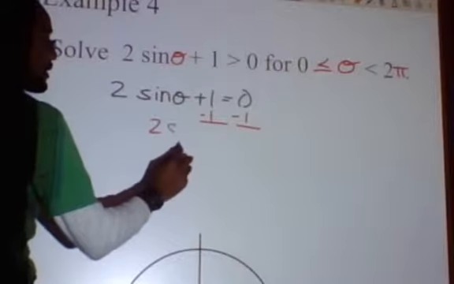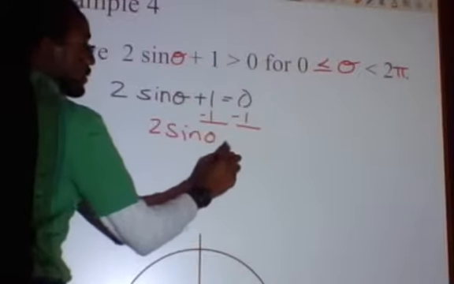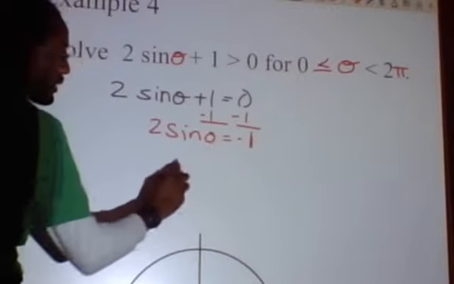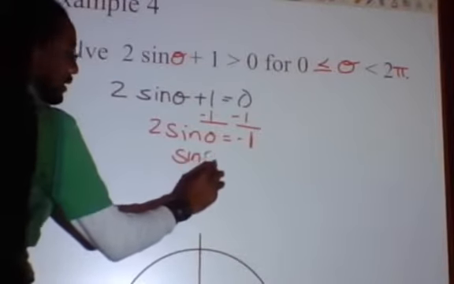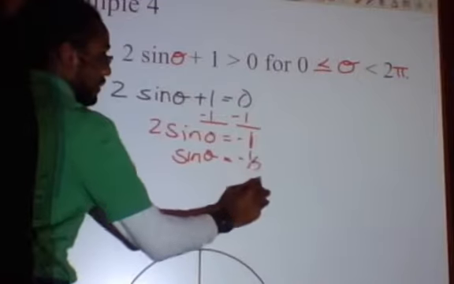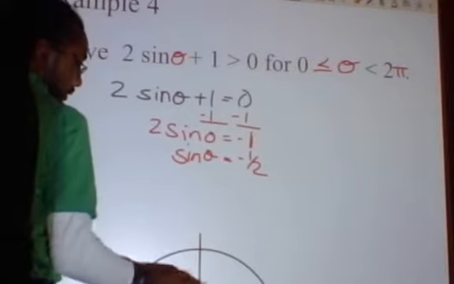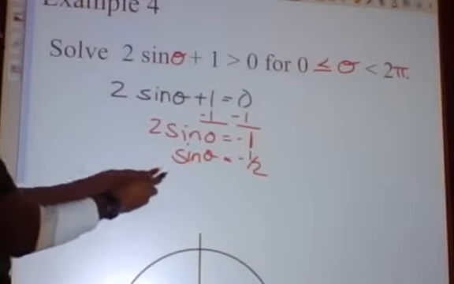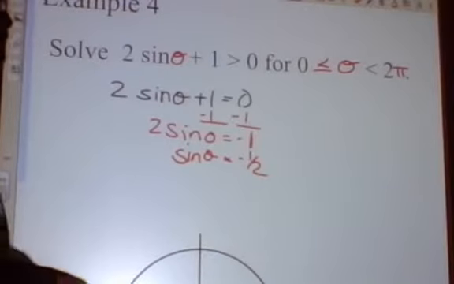That'll give us 2 sine theta equals negative 1. We're going to divide by 2. We get sine theta equals negative 1/2. So solving it out to get sine theta by itself, we get sine theta equals negative 1/2.